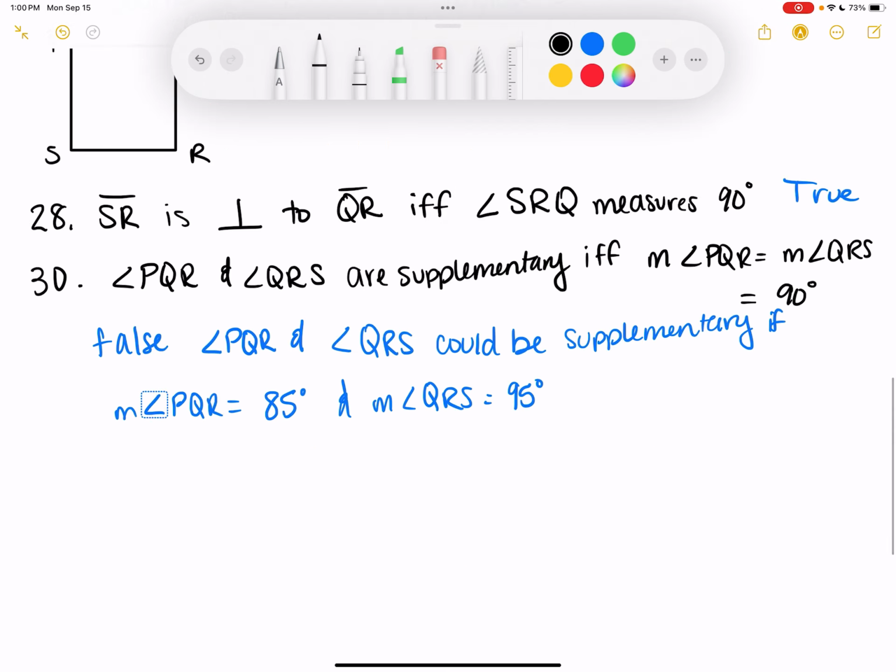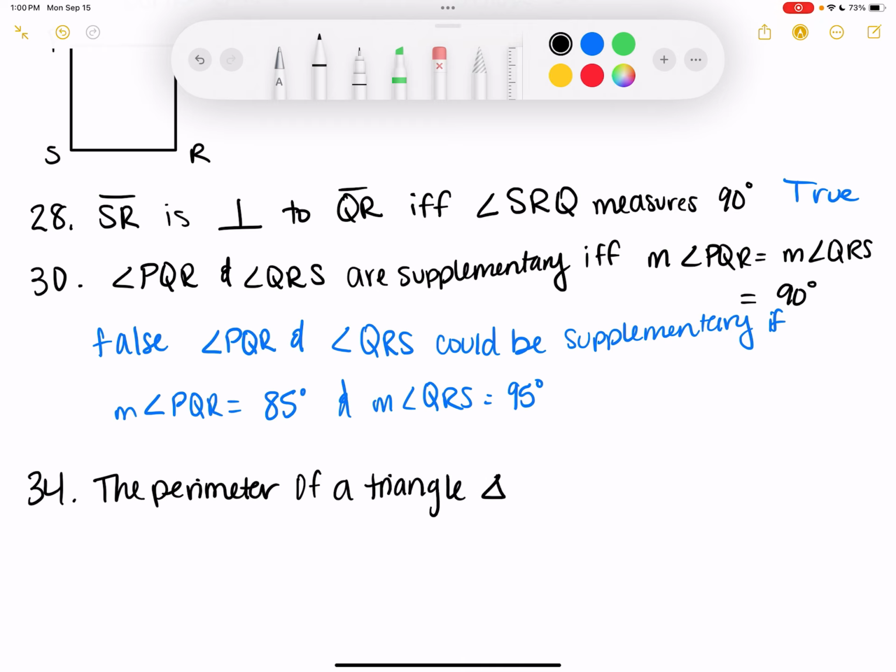The perimeter of a triangle, and again, if you want to draw a little triangle symbol instead of writing out the word triangle, you're welcome to do that, is the sum of the lengths of its sides.